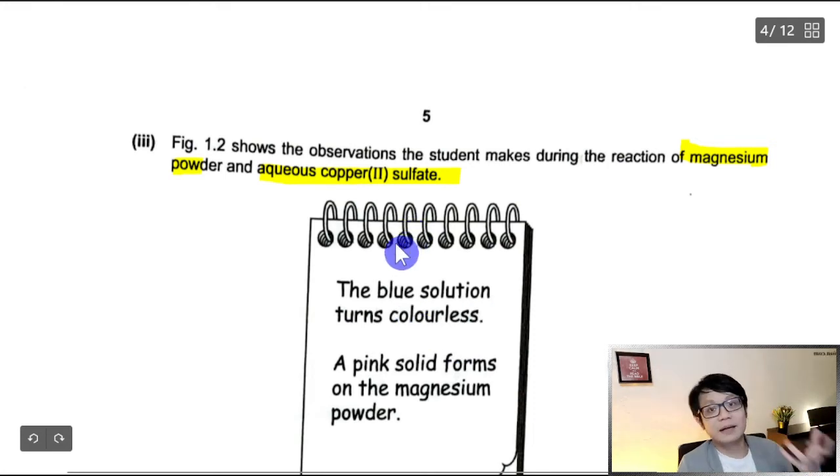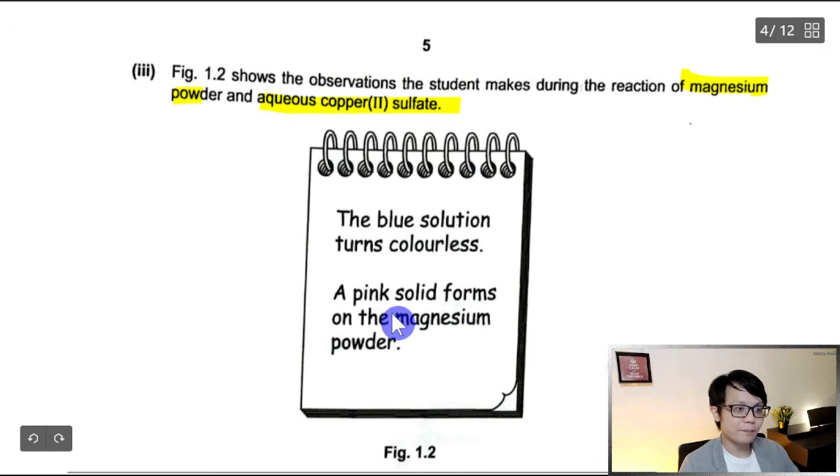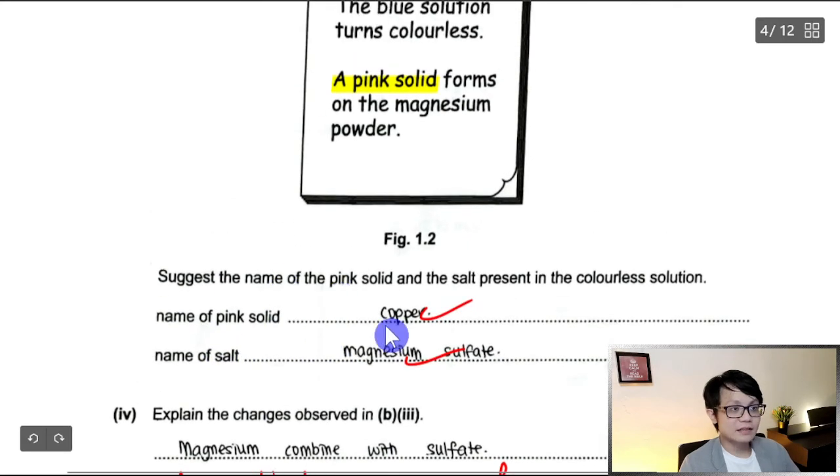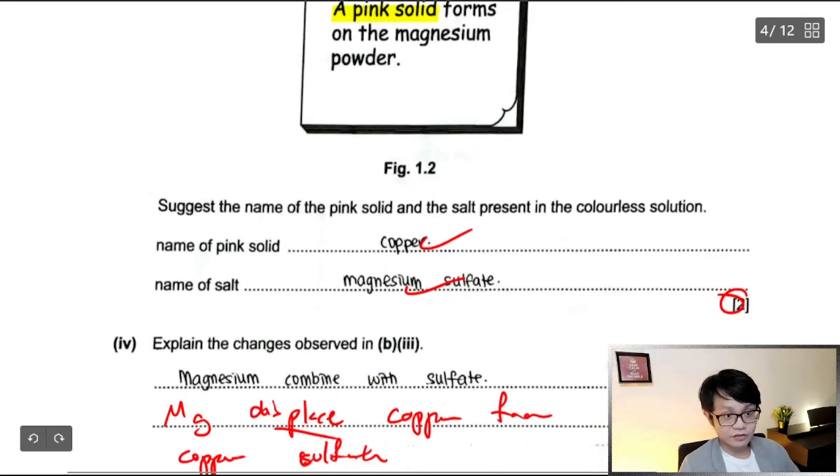A pink solid forms on the magnesium powder, so obviously it has combined with something. The name of the pink solid is copper, the name of the salt is magnesium sulfate. So the student gets 2 marks for this one.